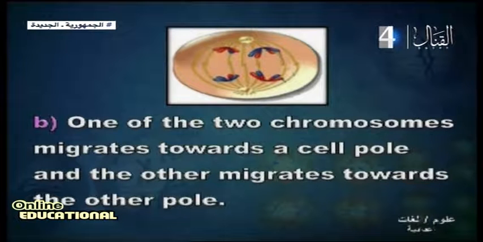One of the two chromosomes migrates toward one pole and the other migrates toward the other pole, by shrinking spindle fibers.